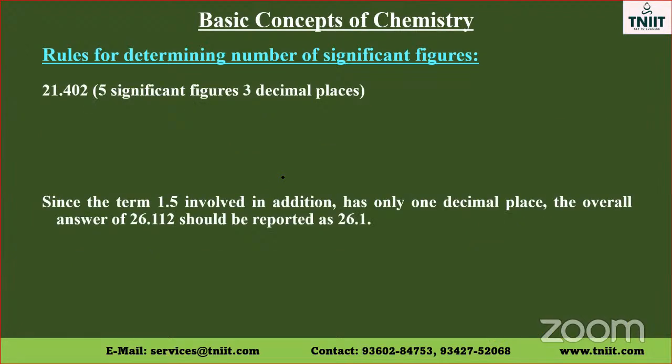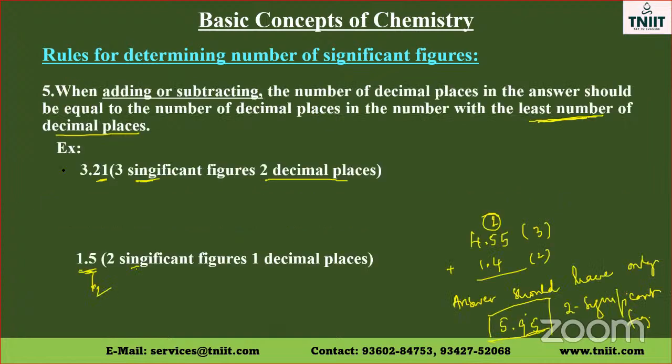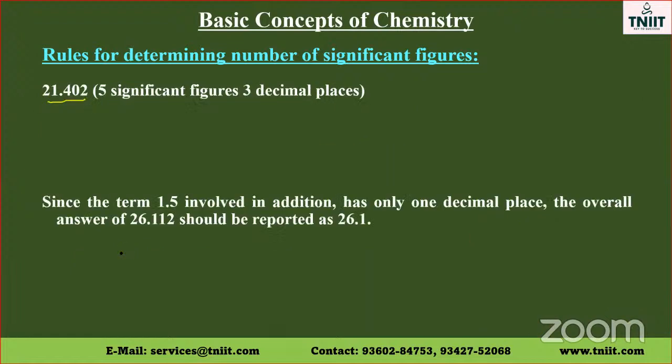The next point. Here you can see 21.402. 5 significant figures. So all are significant here. But this is having 3 decimals. This is 2 decimals, 1 decimal. And here's an example for a number with 5 significant figures and 3 decimals.